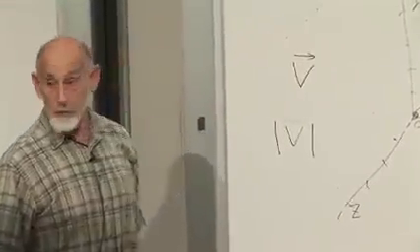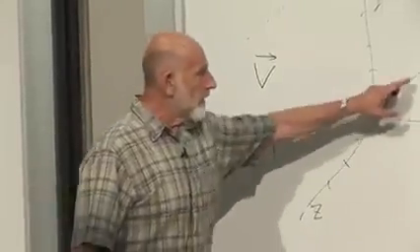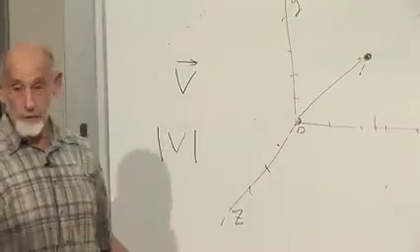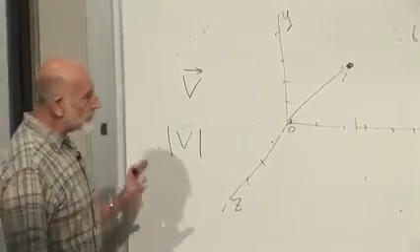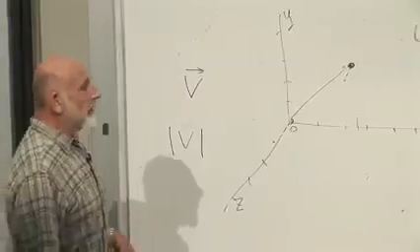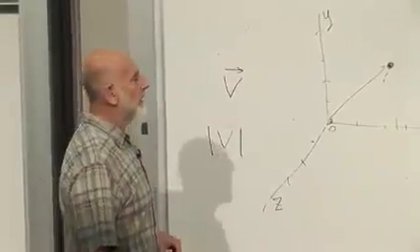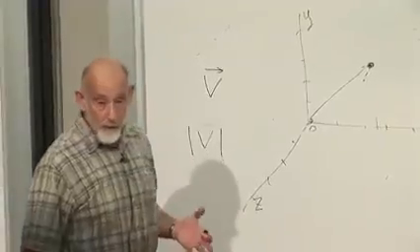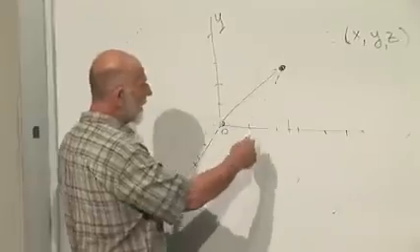And it's always positive or 0. It could be 0. If the vector has no length at all, in other words, if this point were right at the origin, it would have no length at all. It's always either positive or 0. So every vector has a length, and it has a direction, which is not so easy to write down. Okay. It can also be described by components. The components of the vector are exactly what I said before.